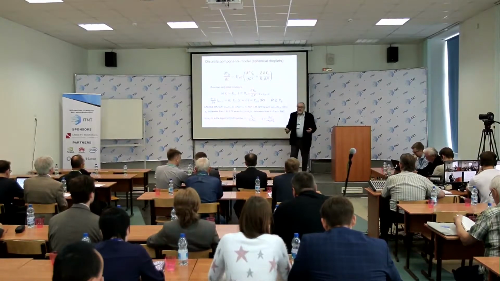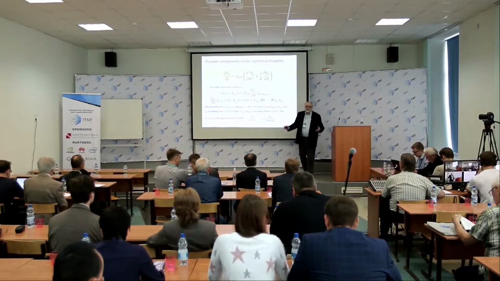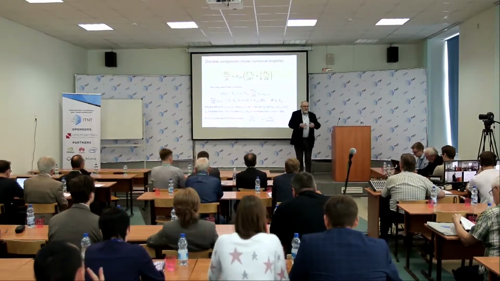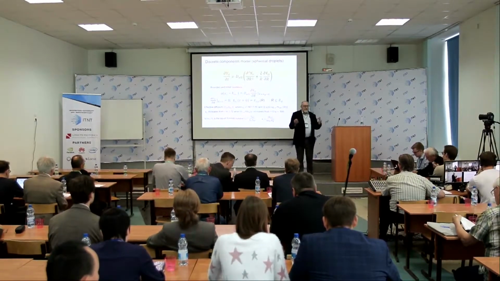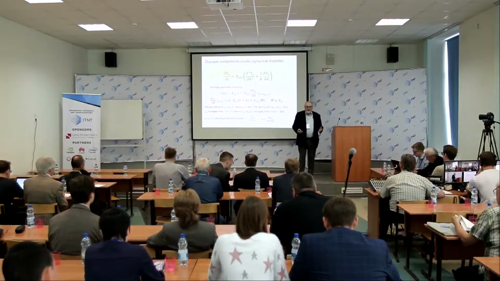I will move to another equation which is widely used in our modeling. This is the equation for species diffusion. The droplets we are dealing with are multi-component. There is no automotive fuel which consists of a single component. This leads us to the problem of species diffusion inside the droplet, which is described by the species diffusion equation.